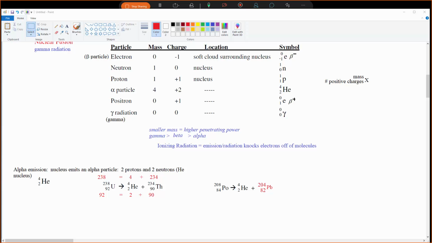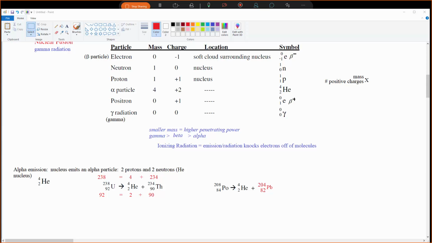Now, I'll be honest, I might make it a little harder. Instead of writing it like this, I might say polonium-208 decays by alpha emission, and you'll have to work out what the alpha particle is and fill in that last piece. But otherwise, it's simple math, pretty straightforward. It might even be kind of fun, like Sudoku, but better.